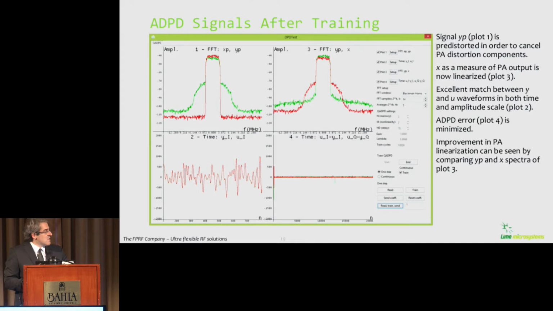The signals can be seen on plot 2, and the improvement leads to zero error, which is given in plot 4. So the improvement of PA linearization can be seen by comparing the spectra of the output signal of the predistorter to the PA output X.